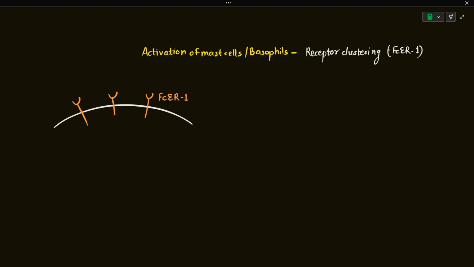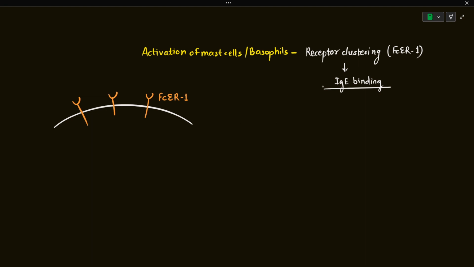So how are those floating receptors going to get clustered in one group? They will get clustered in a certain area if something comes and binds to those extracellular domains. As we discussed before, the IgE antibody binds to those Fc epsilon R1 receptors, right? So IgE binding is going to cluster those receptor molecules, but not just the antibody mediates this clustering.